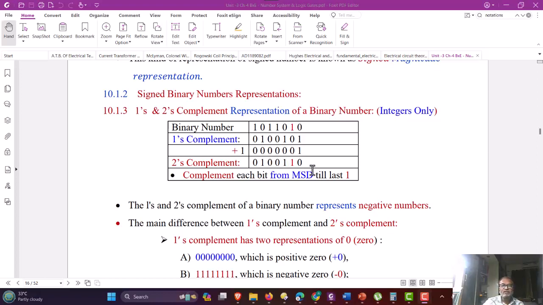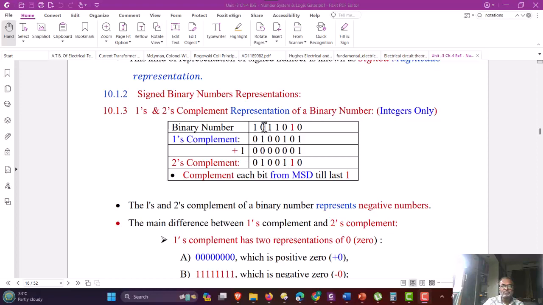A simple way of making the twos complement of a number by observation is to go on complementing the bits of the number from the left, that is from the MSB, until the last 1 occurs in the LSB side. Here the 1 occurs in the B1 position in the number, so up to the B3 position we complement all the bits.